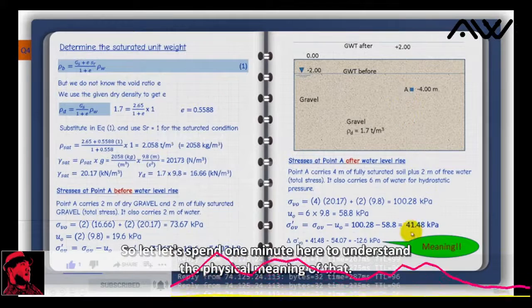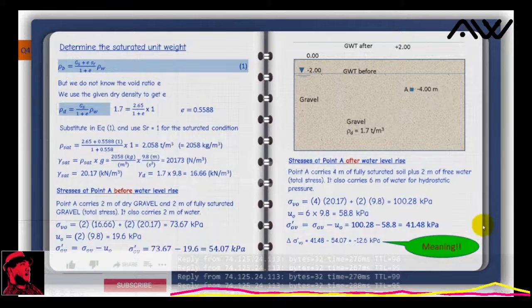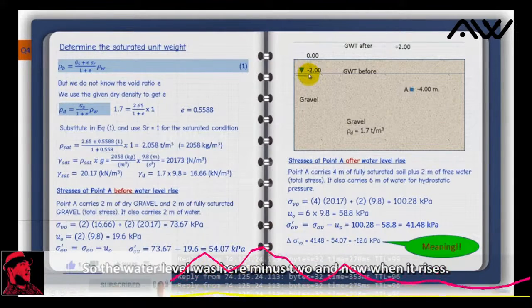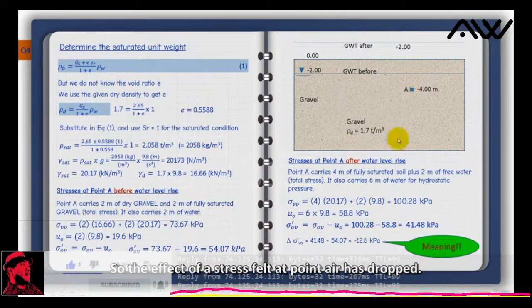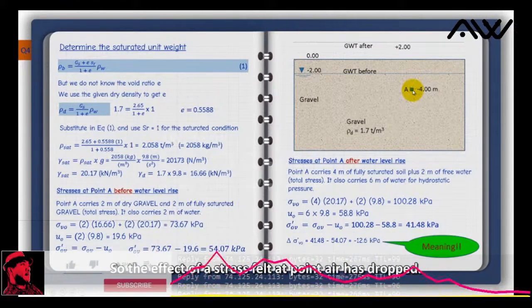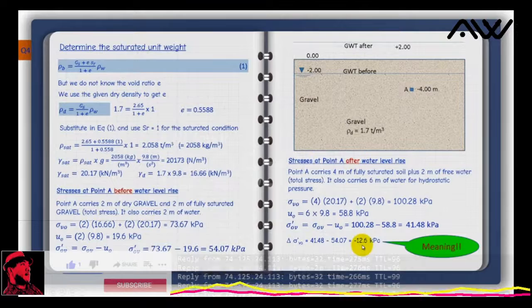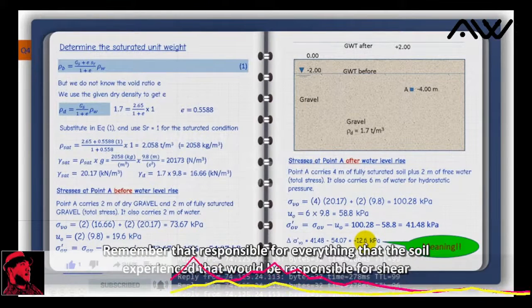So let us spend 1 minute here to understand the physical meaning of that. The water level was at -2, and now when it rises, the effective stress felt at point A has dropped. It is the effective stress, remember, that's responsible for everything that the soil experiences.